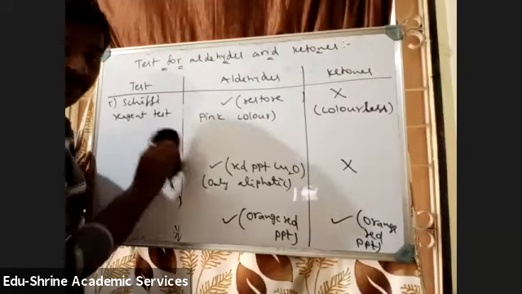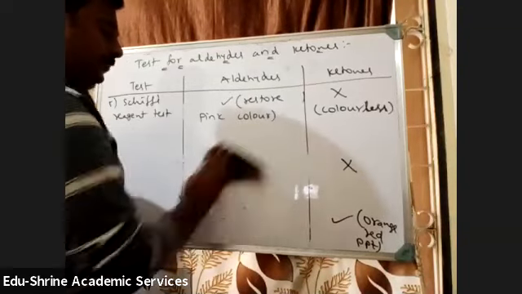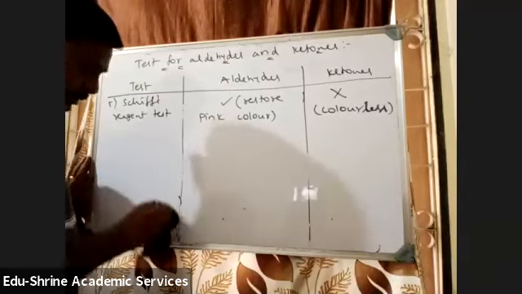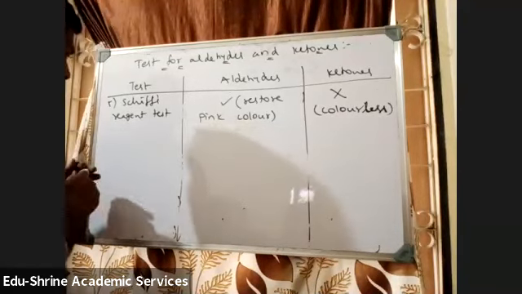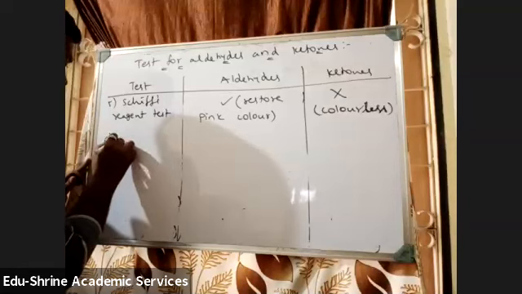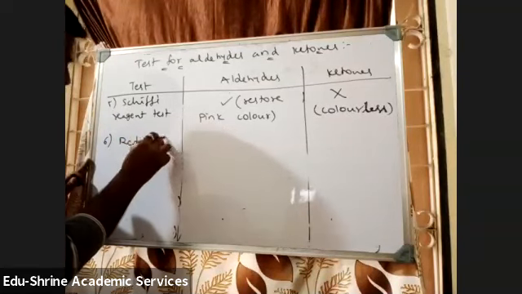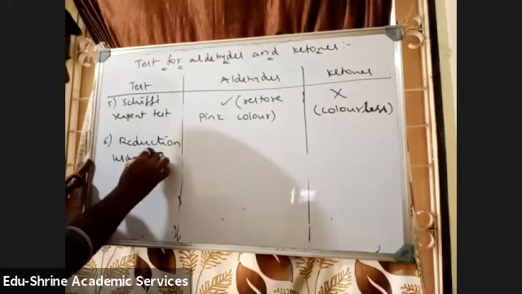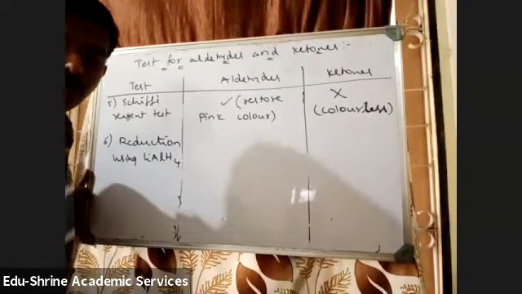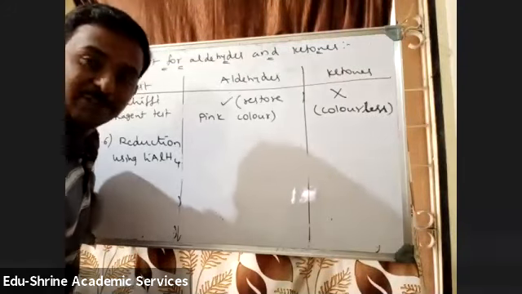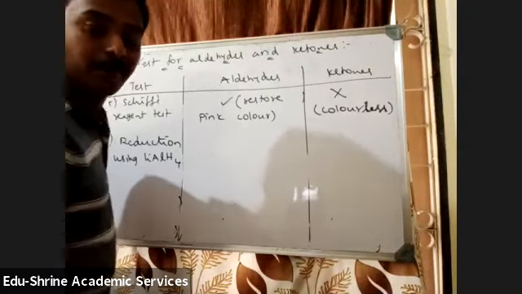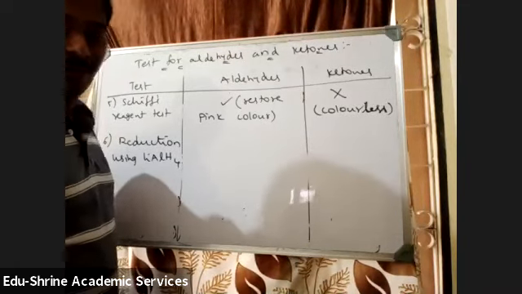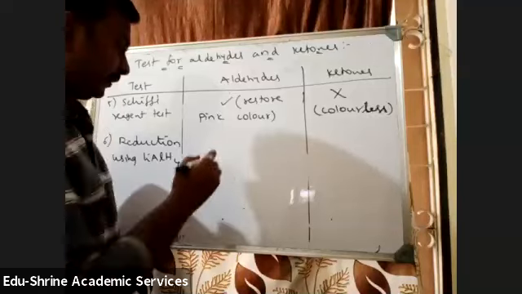Then, one or two chemical reactions we have can also be used as a test. Reduction: aldehydes will give primary alcohols, and ketones will give secondary alcohols.